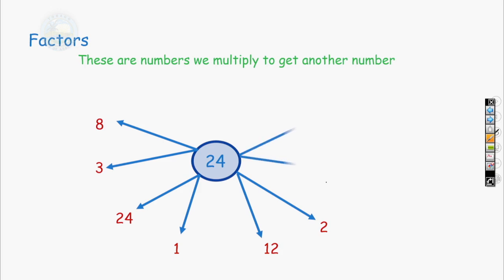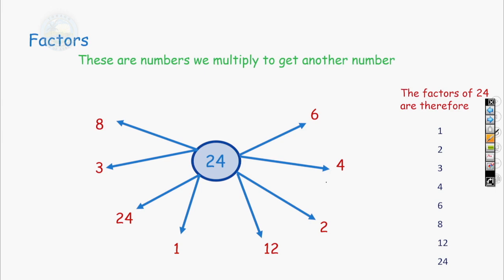I think I have one more. 6 times 4 is 24. So all of these numbers can be multiplied to give us 24. Therefore, we can conclude that the factors of 24 are 1, 2, 3, 4, 6, 8, 12, 24. All of these numbers are the factors of 24.